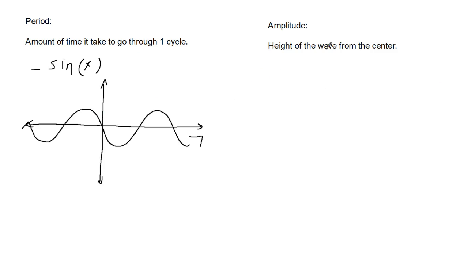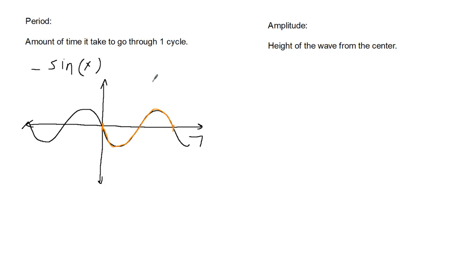So what's the period and what's the amplitude? The period is the amount of time it takes to go through one cycle of the function. So what's a cycle? Well, a cycle is one time that it goes up and it goes down and it touches the middle. So this is a cycle right here. It goes down and then it goes up, and that's a cycle right there. So that's the period as well, right? And in a sine function, when does it hit 0?